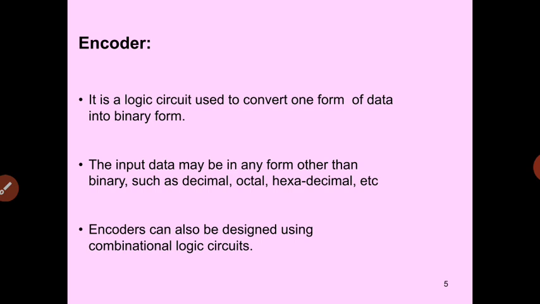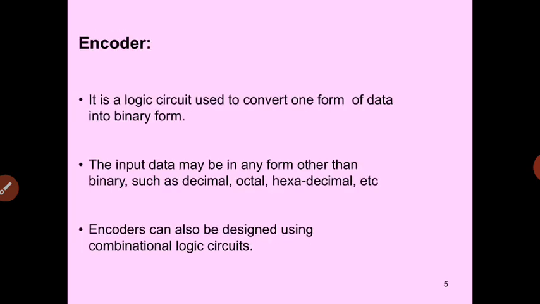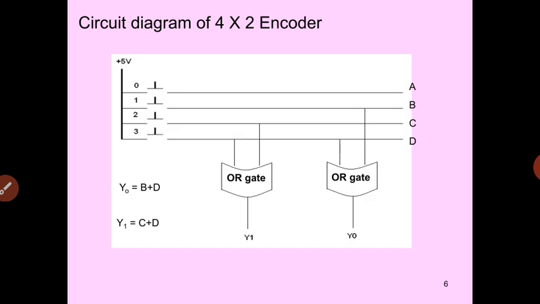Encoders can also be designed using combinational logic circuits. That's why encoders are one of the examples of combinational logic circuits. We will consider the circuit diagram of a 4x2 encoder circuit. You'll be having how many inputs? 4 inputs.